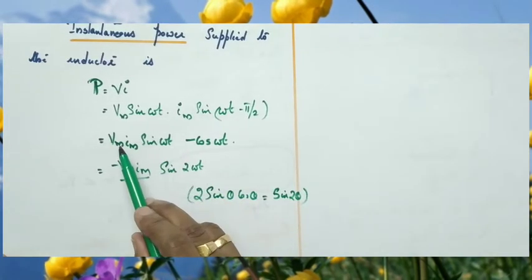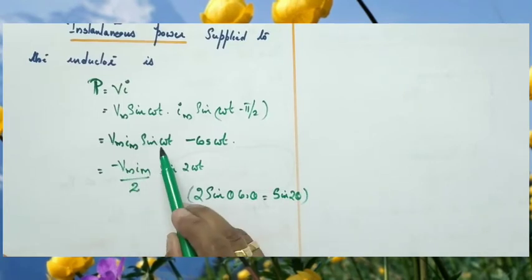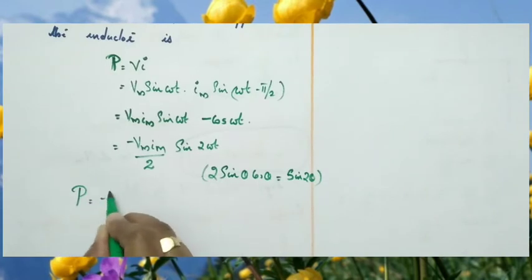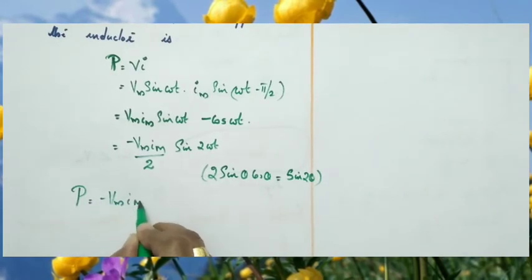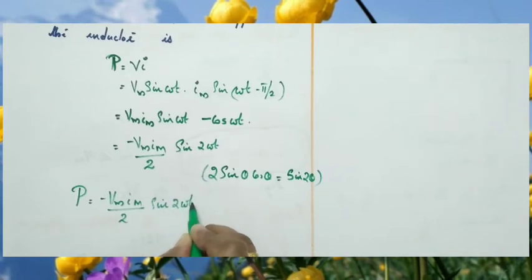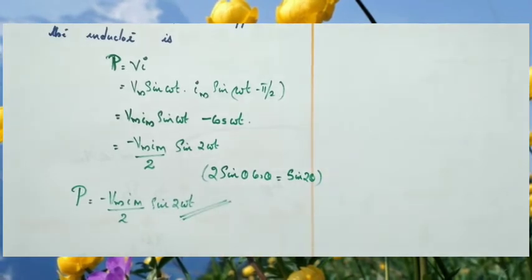So this can be written as minus Vm Im by 2 sin 2 omega T. So instantaneous power is given by the formula minus Vm Im divided by 2 into sin 2 omega T. Clear?